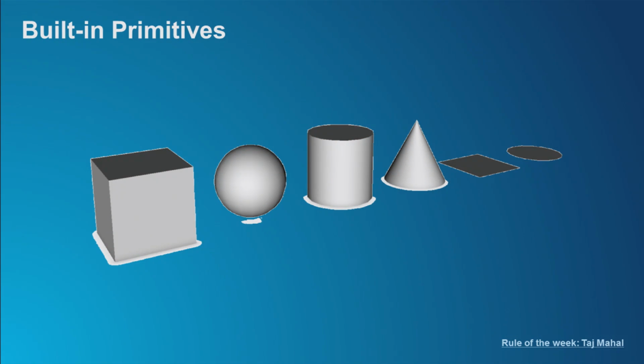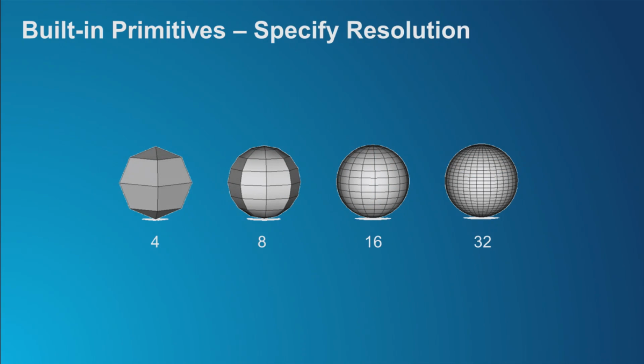We added a bunch of primitives that you can use directly when you're generating a building. There's a great example. We have an effort called Rule of the Week where we're trying to publish one rule as an example every week, and there's a Taj Mahal example where every single shape inside of it was built with a primitive, so there was actually no source shape. You can control the resolution of those shapes as you insert them depending on your needs.